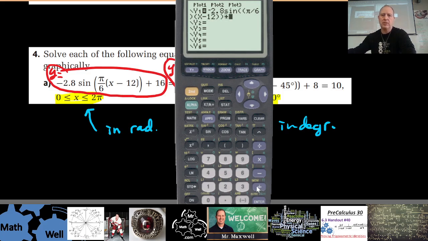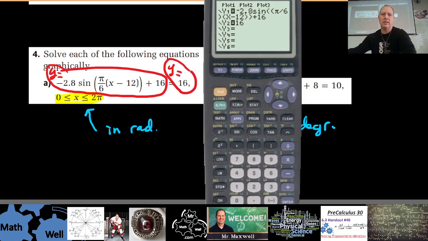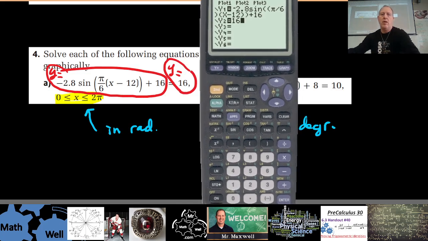Good. Plus 16. I think I got that right. And then the other side is 16 itself, okay? All right, pi over 6, 6 minus 12.